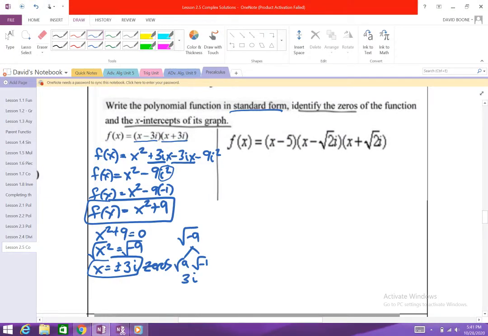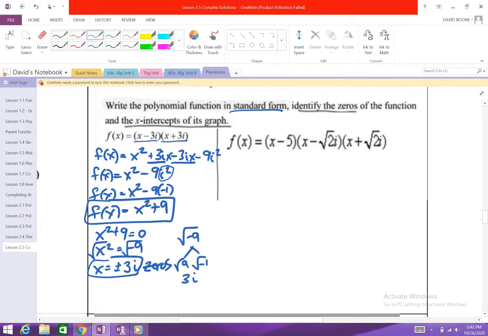And then if we wanted to look for the x-intercepts, what we do is we put 0 into the equation. But here's the interesting thing: we're looking at the zeros, that's where it crosses the x-axis.